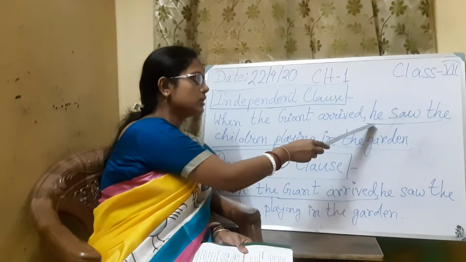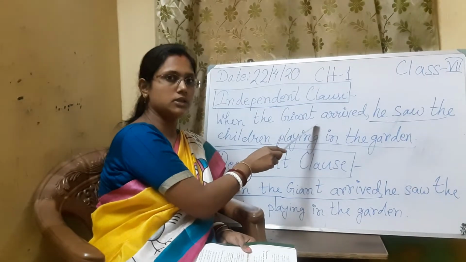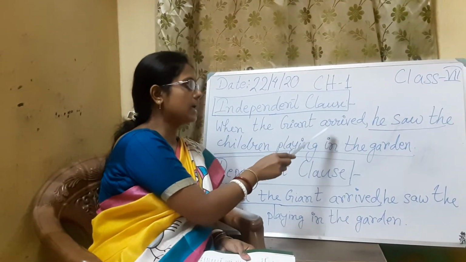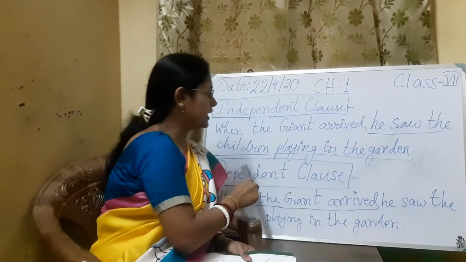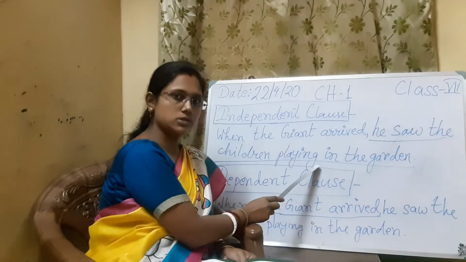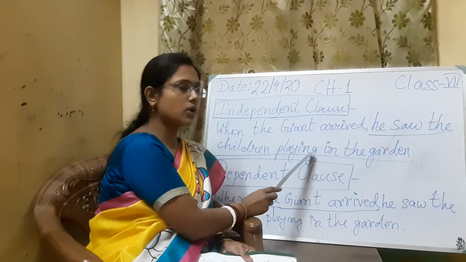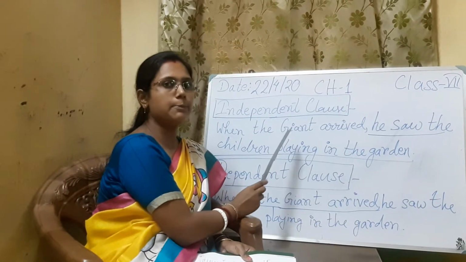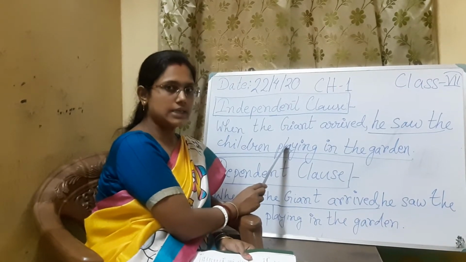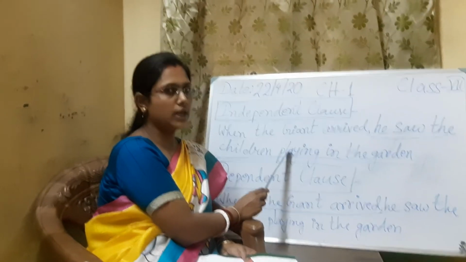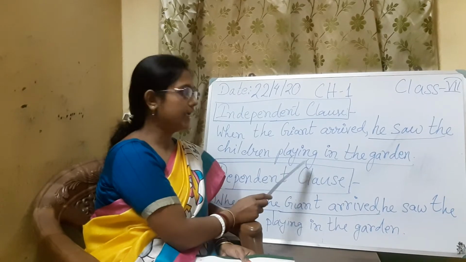So it is not depending upon this first part. That's why we can say that this part of the sentence is an independent clause. An independent clause means it does not take the help of any other part of the sentence, or it is not dependent on any other part. That's why it is called independent.